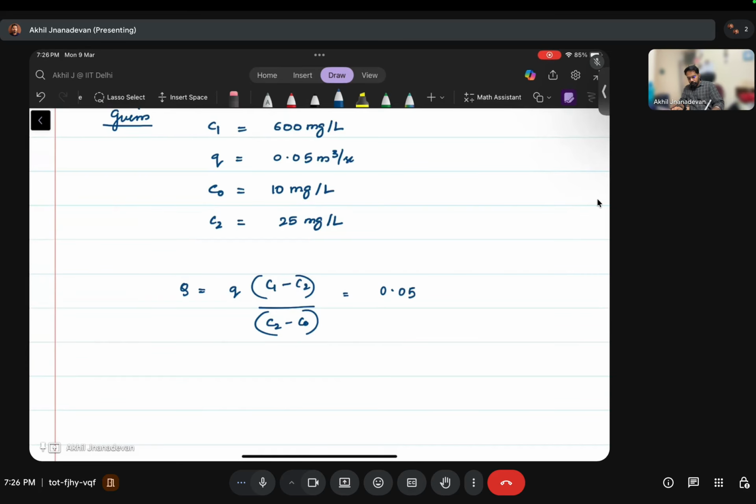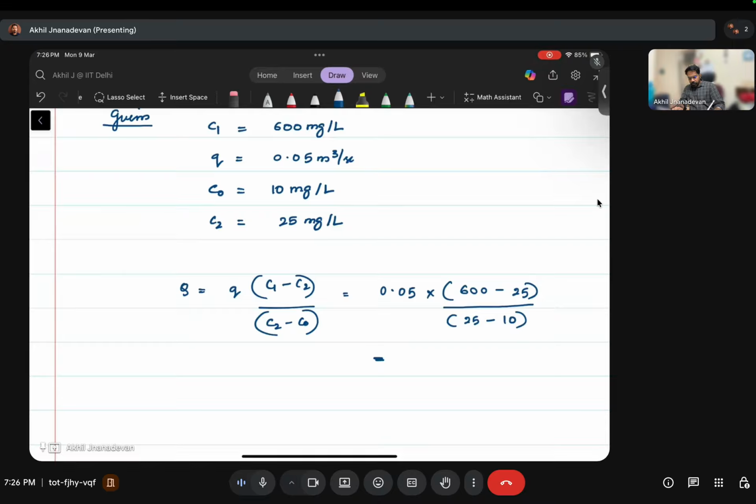This is substitution. 0.05 into C1 is 600, minus C2 is 25, divided by C2 is 25 minus C naught is 10.